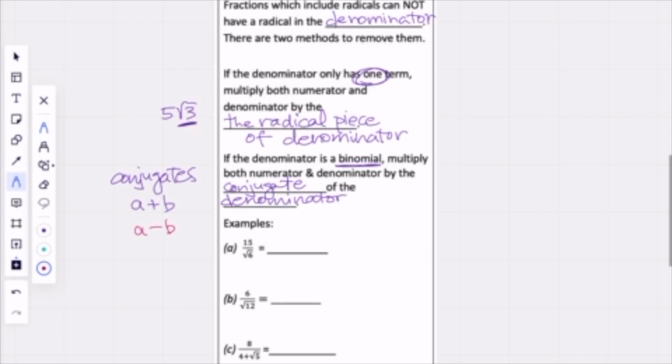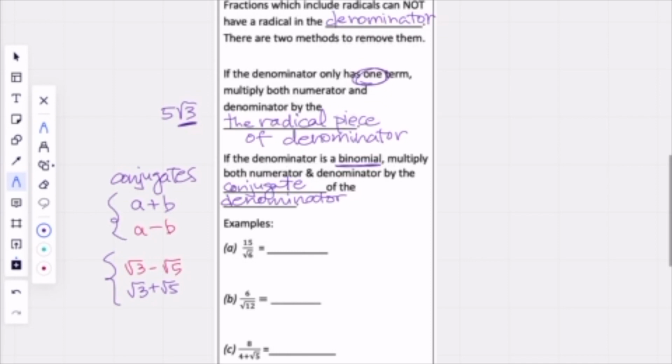So A plus B and A minus B are conjugates. If I'm thinking about radicals, I could have square root of 3 minus the square root of 5 and the square root of 3 plus the square root of 5. These would be conjugates. Okay?